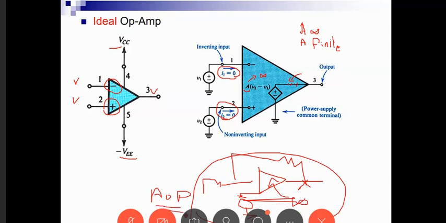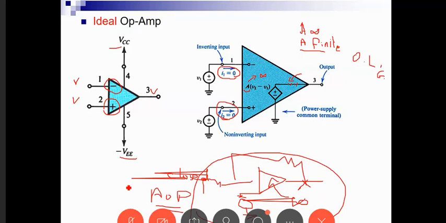So this is the open loop gain, okay? And this is the closed loop gain. By closed loop gain, we mean that we have put some circuitry around my amplifier, and this circuitry, as we will see next, is going to adjust the gain, okay?